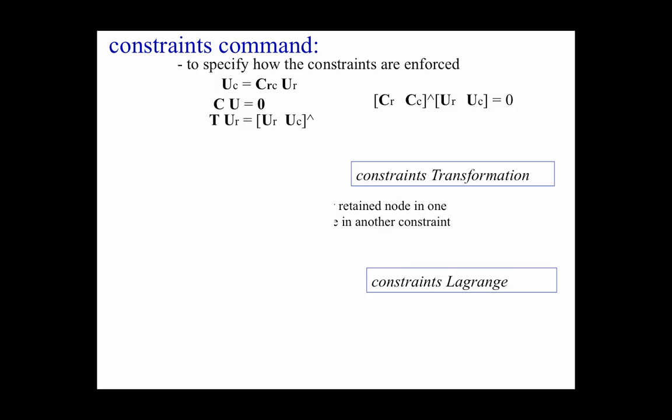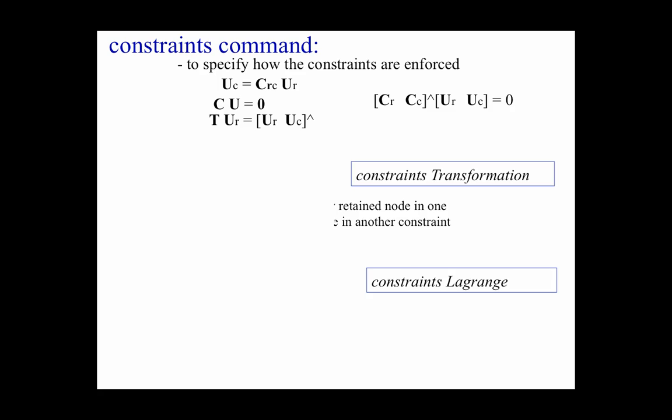And when you go to solving AX equals B for very large systems, a very dense matrix takes a lot longer to solve than even a larger matrix that is a lot more sparse. So sometimes it's beneficial, even though the system is larger, to stick with the penalty method.